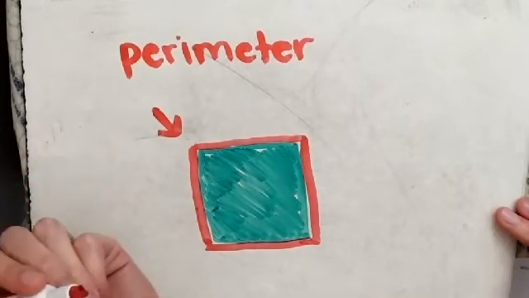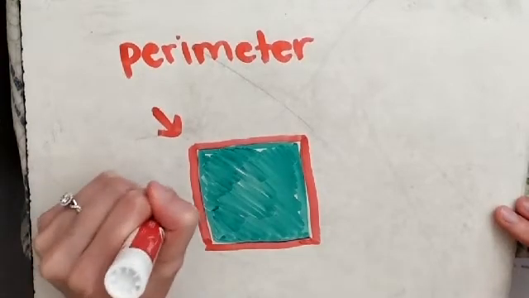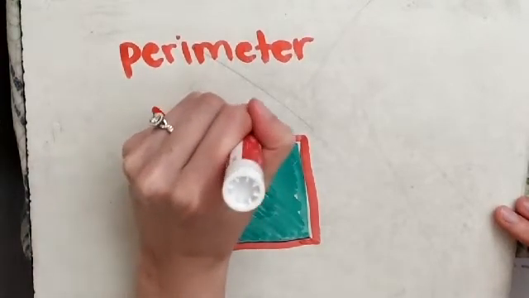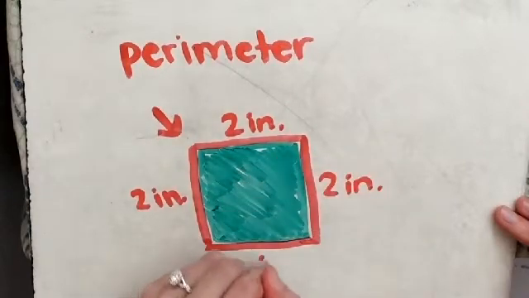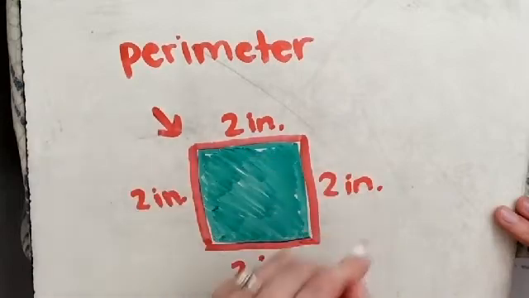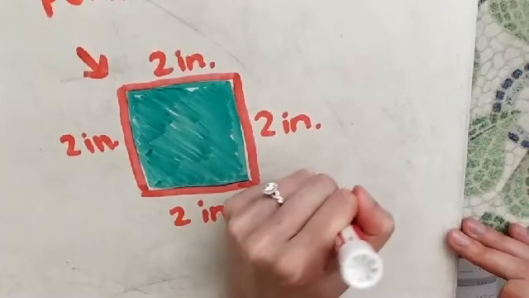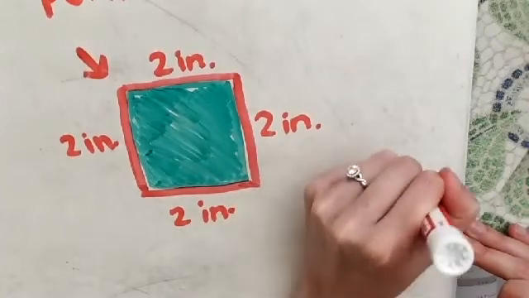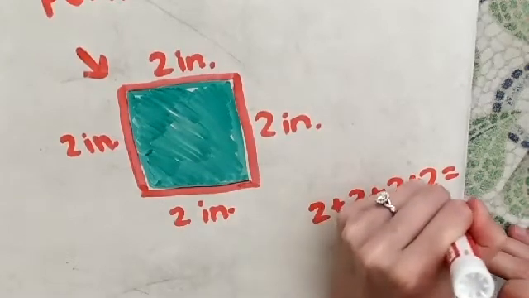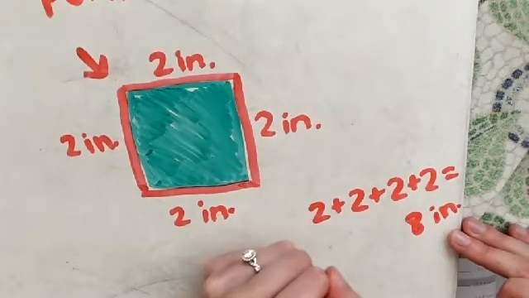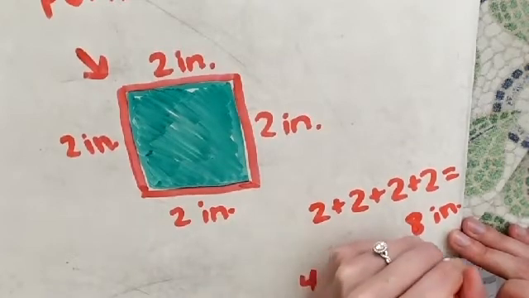So if I measured these, for instance, and I found out that each side was 2 inches, to find the perimeter, I would add the side lengths together. So I would do 2 plus 2 plus 2 plus 2, which equals 8 inches. You also could do 4 times 2, 4 groups of 2, 8 inches.